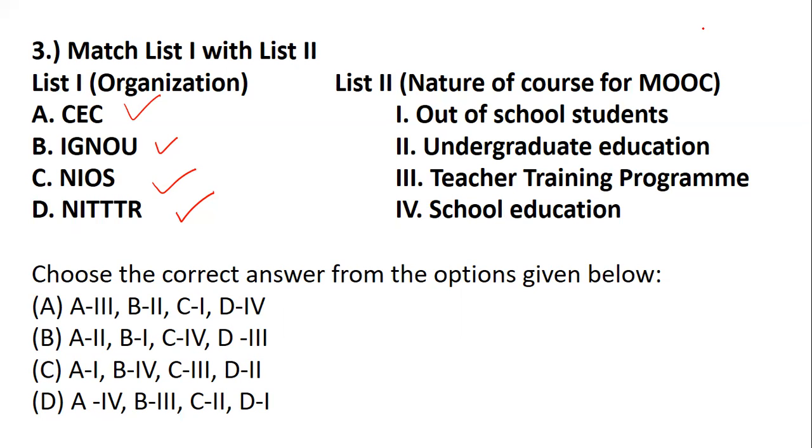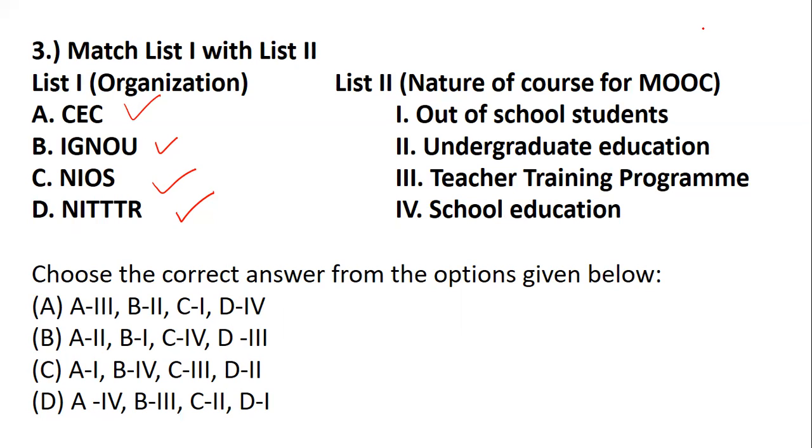Then what does NIOS stand for? If you know, you can put it in the chat box before I tell. NIOS stands for National Institute of Open Schooling. And lastly, NITTTR stands for National Institute of Technical Teachers Training and Research.